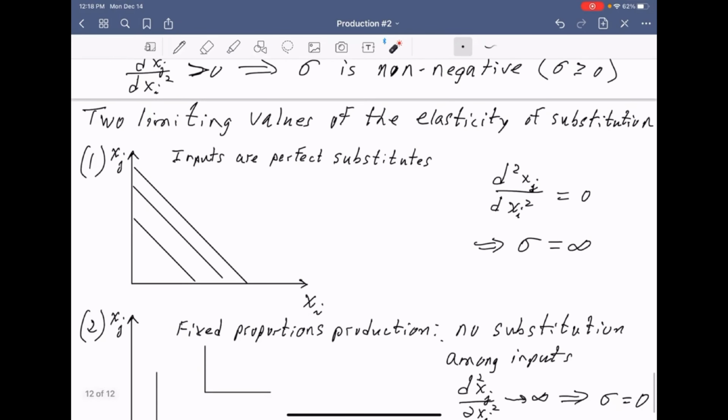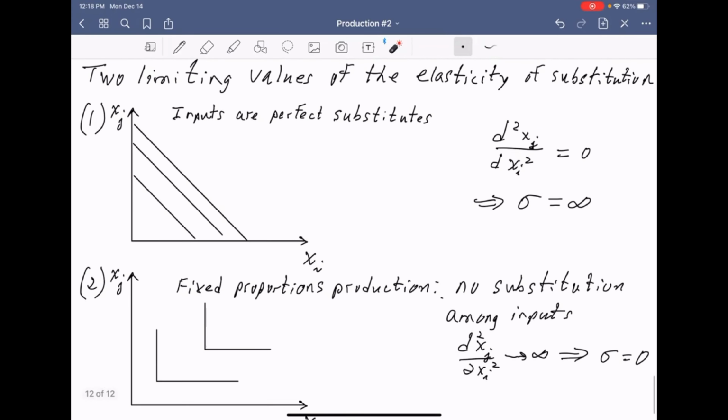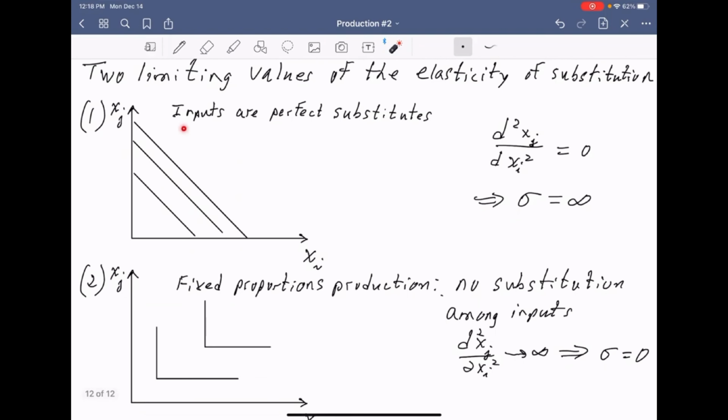And we can look at the two limiting values of the elasticity of substitution. One where inputs are perfectly substitutable, so that this formula here, the second derivative of xj with respect to xi, or the derivative of the slope of the isoquant with respect to xi, is 0, then we have the elasticity of substitution being infinite.